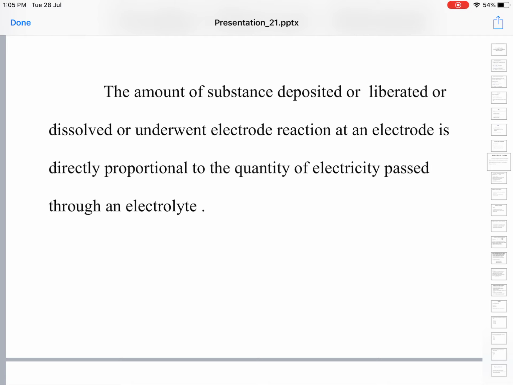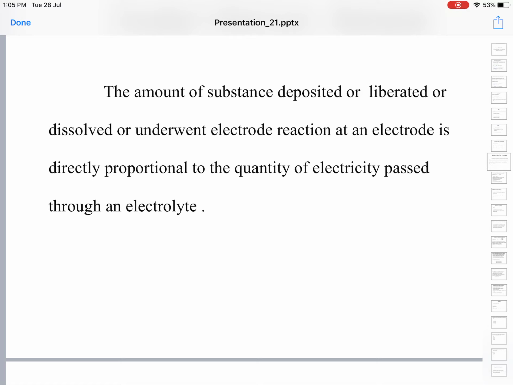Likewise, this also states that if you pass more electricity through the solution, more quantities of substances will be liberated or dissolved or deposited at the electrodes. If you pass less quantity of electricity, less amount of substances are deposited or liberated or dissolved at the electrodes.